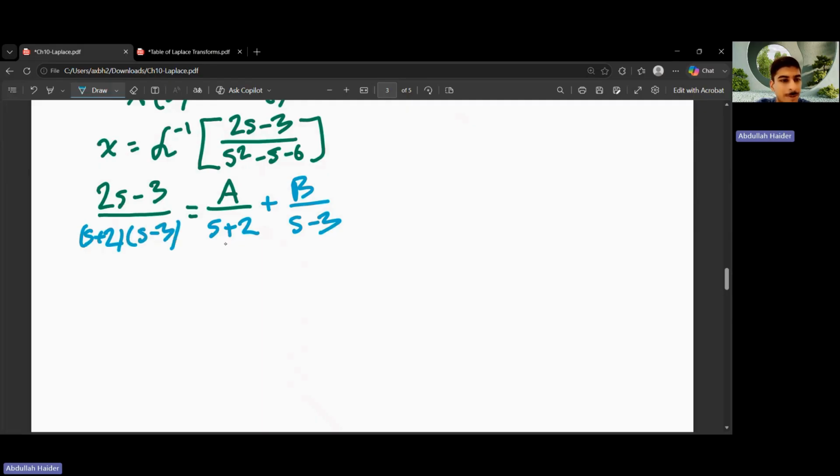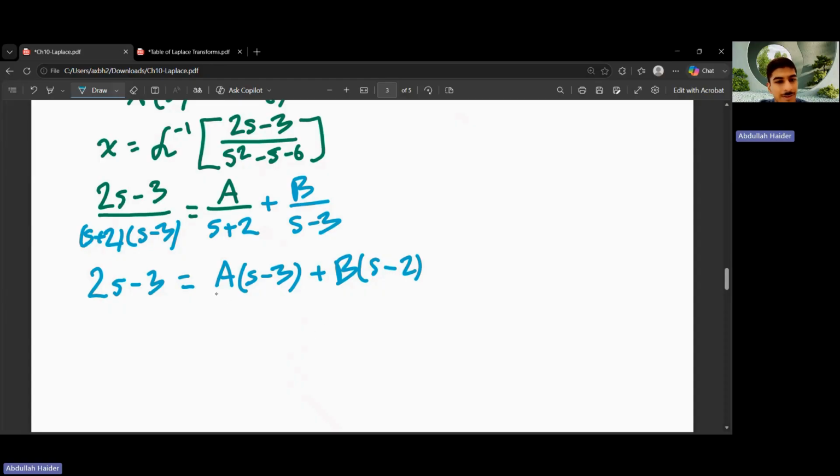Now you cross multiply, you get 2s minus 3 equals A times s minus 3 plus B times s plus 2. Now there are many ways you can solve partial fractions, and I will talk about each.